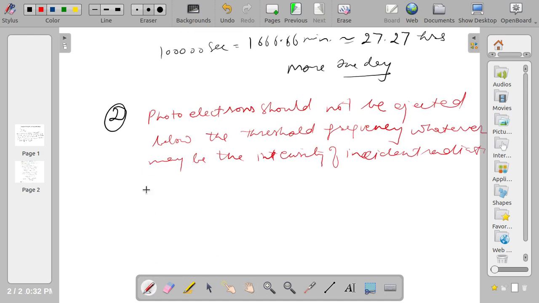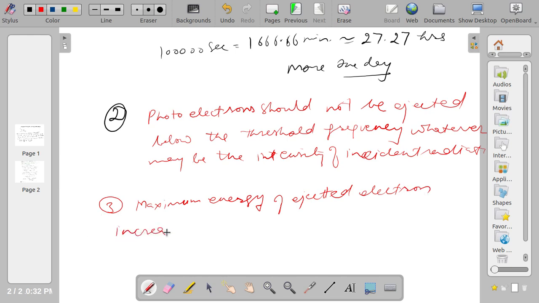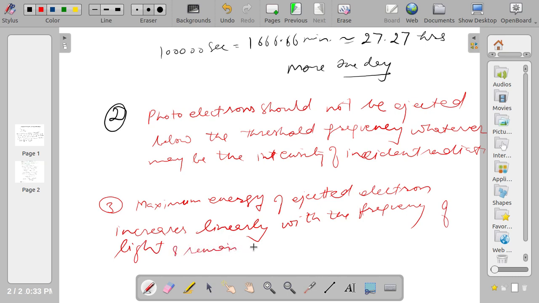And the third thing is that the maximum energy of the ejected electron increases linearly with the frequency of light, and remains independent of intensity.